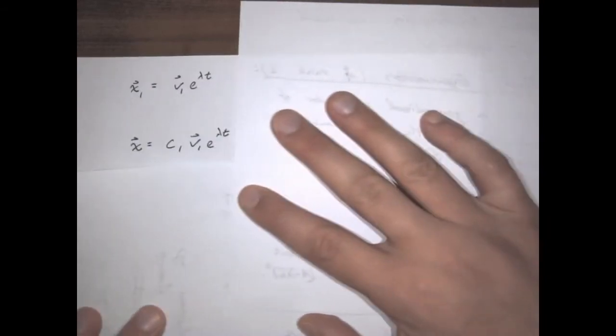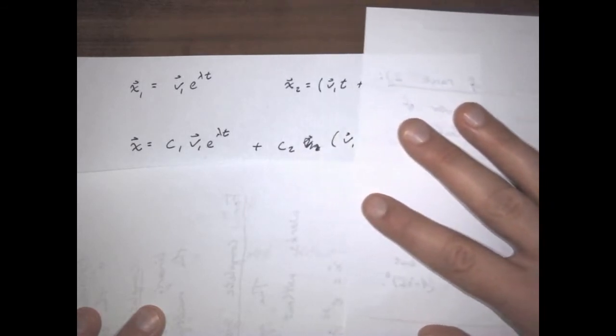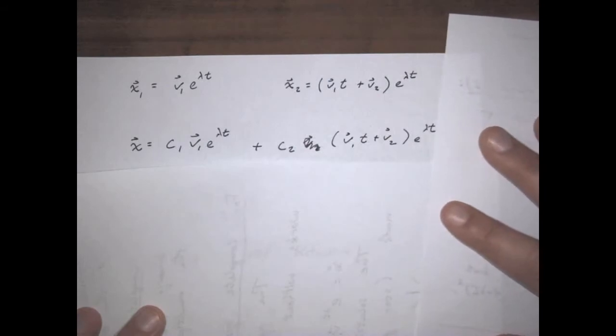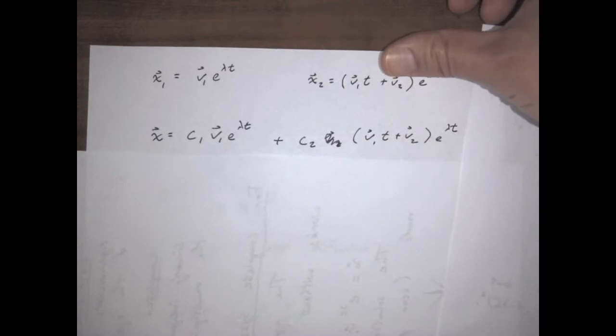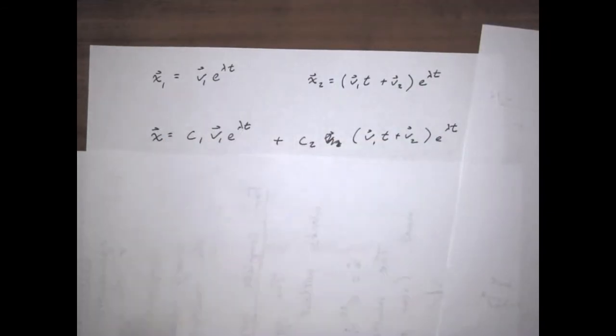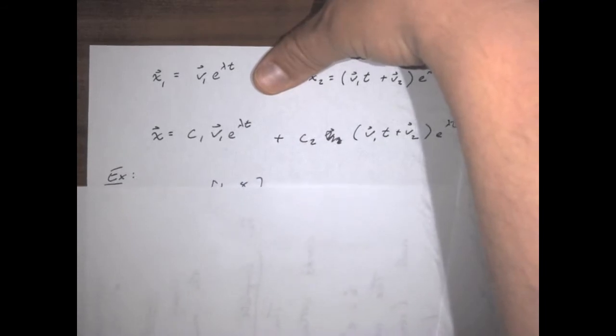So that's going to be the first term, plus C2 (V1 t plus V2) times e to the lambda t. That'll be the second term. So this will be the general solution here, and then it'll be up to us, based on initial conditions, to fill in the C1 and the C2.